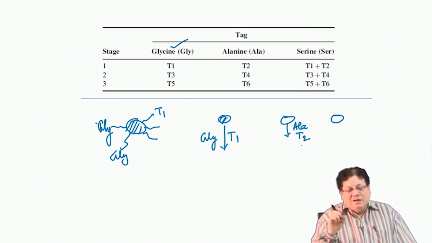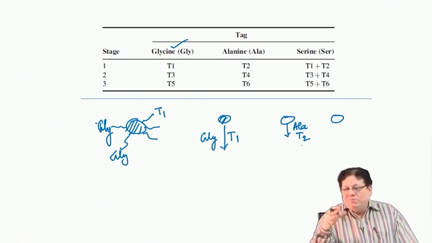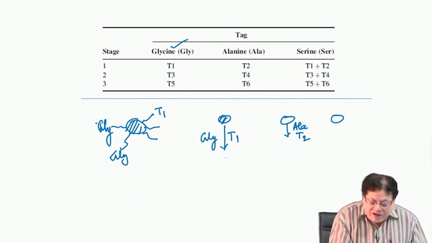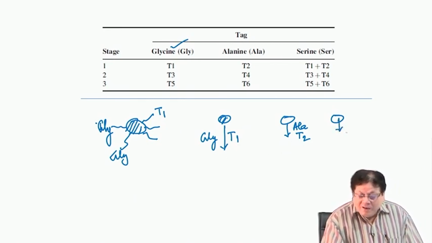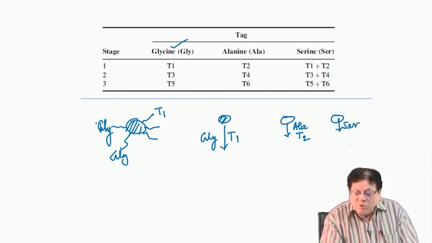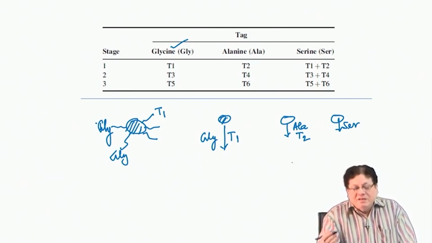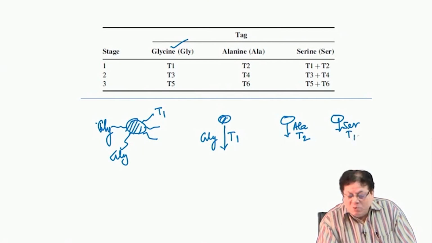So, what is different is the substitution pattern in the aromatic ring. So, you add T2 and then here you add, suppose, serine, but when you add serine you do not need to add another tag T3, but what you can do, you can add T1 and T2 both.